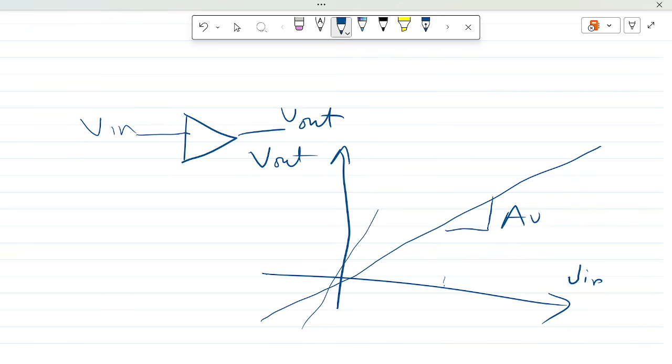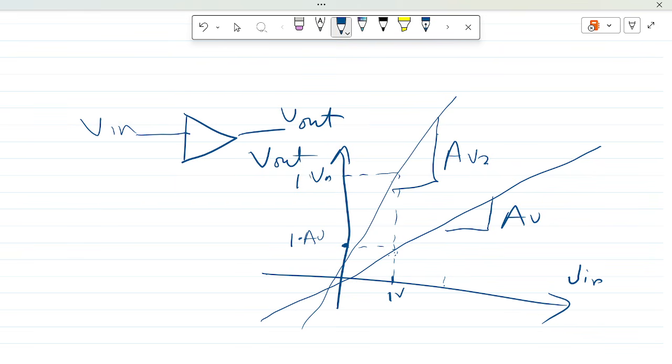So the higher the slope, the bigger the gain. So if the input voltage increases to 1 volt and the slope is like this, I'm going to get an output of 1 volt times AV. And if the slope is like this and the slope is AV2, I'll get an output voltage of 1 volt times AV2.